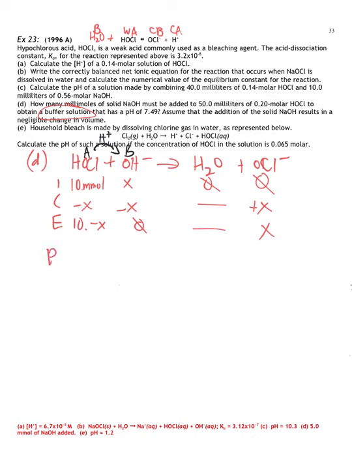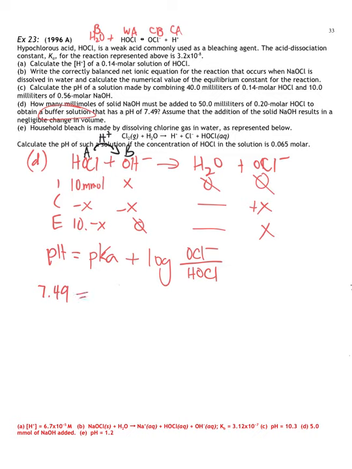equals pKa plus log of the base, conjugate base, over the acid, weak acid. So I'm going to plug everything in. I've got my pH, which is 7.49.